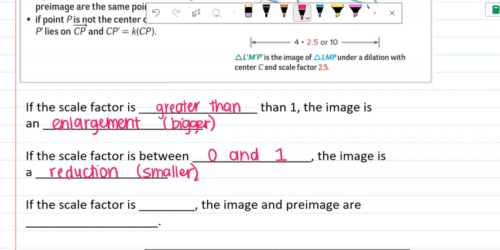A lot of times our scale factors are just nice whole numbers, which is super nice. Sometimes they're fractions. So if you have a fraction, you have to decide: is it a fraction bigger than 1 or smaller than 1?